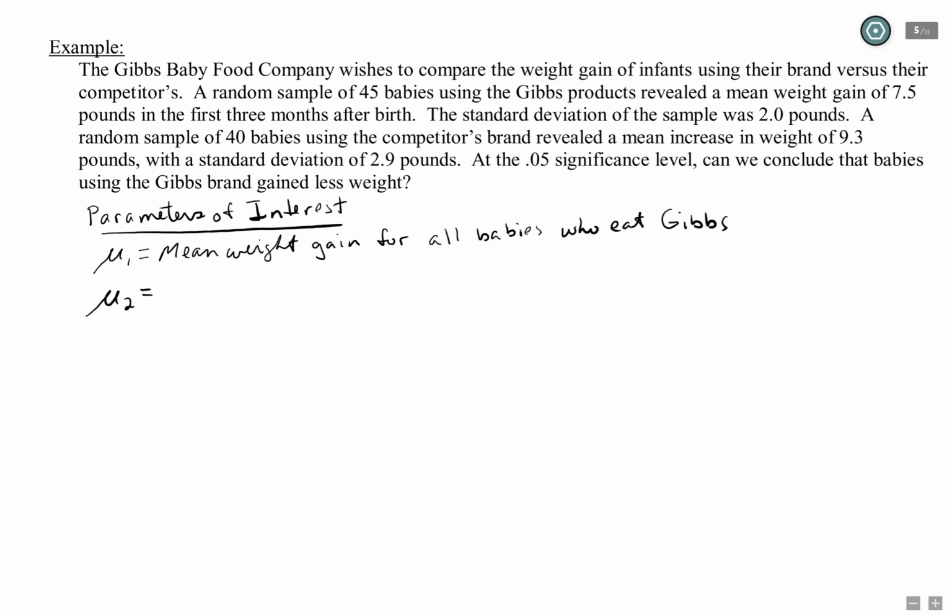And then mu2 is another mean, but it's a population mean for the second population. So I'm going to use some ditto marks here. It would be the mean weight gain for all babies who eat the competitor's food, and I really should say the Gibbs food up here.